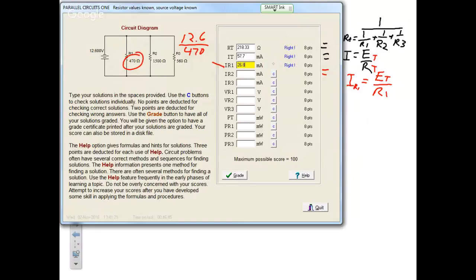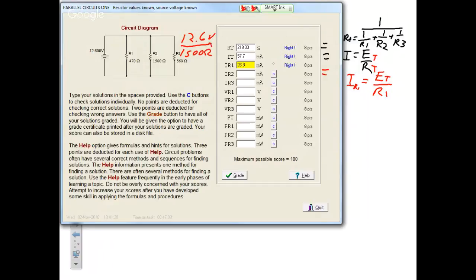If I want to solve for the next one, I would substitute my 470 ohms with R2, which is 1500 ohms.